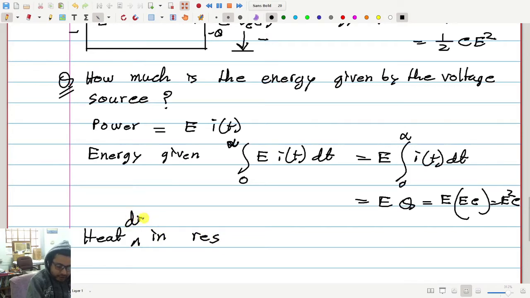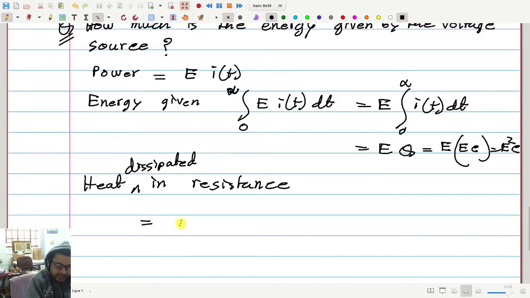Heat dissipated or consumed in resistance is given by always I squared into R, and that we have to integrate over time to get the total heat, starting from 0 to infinity.